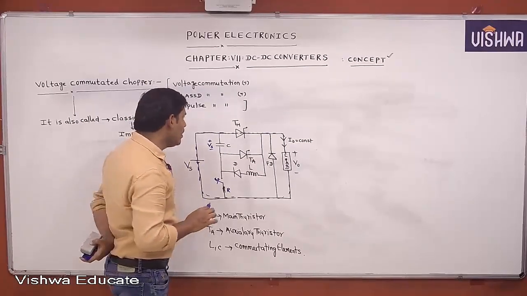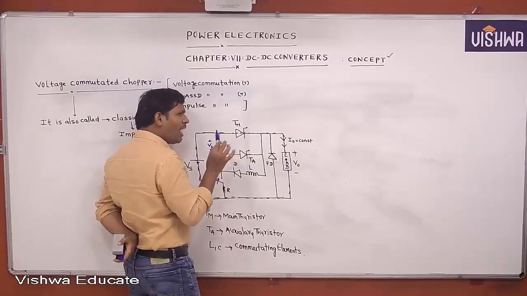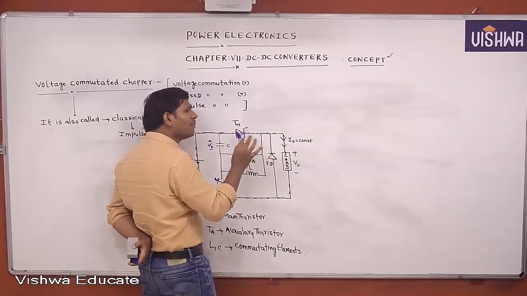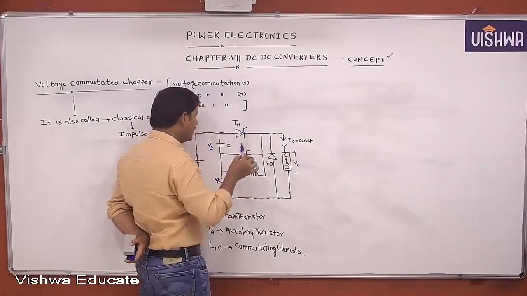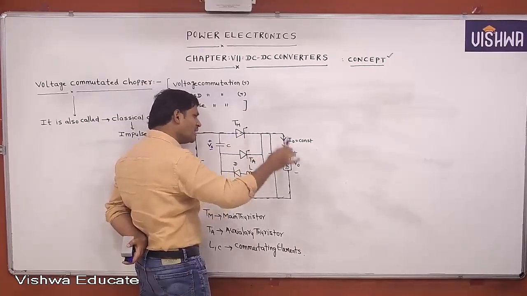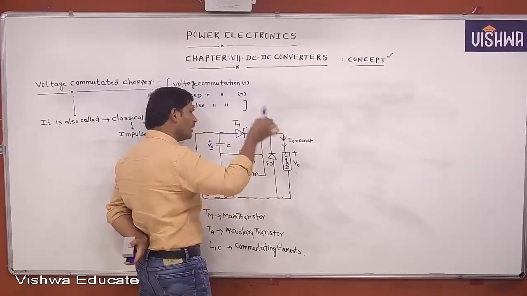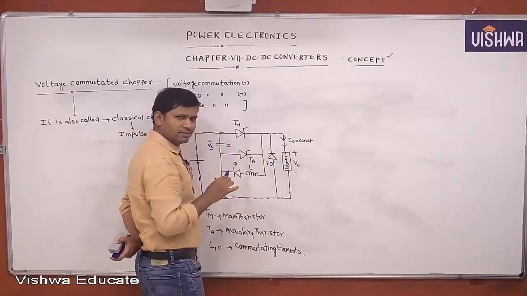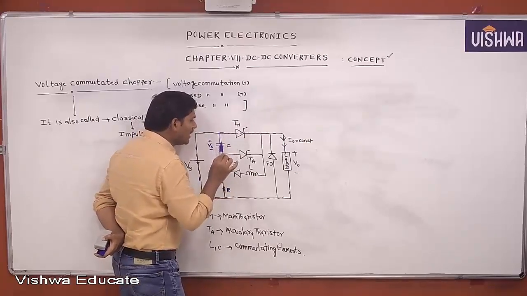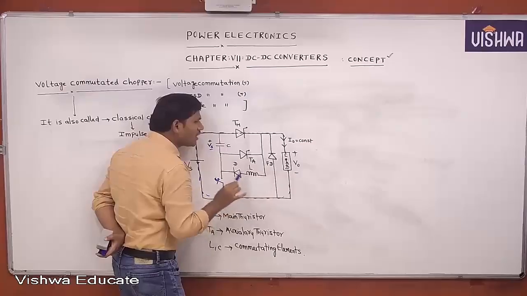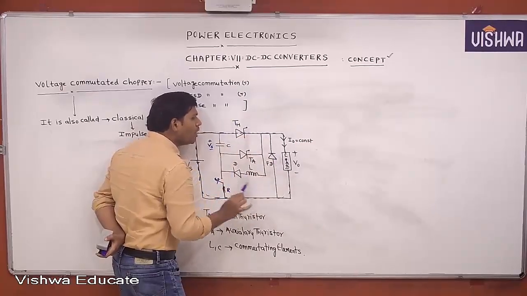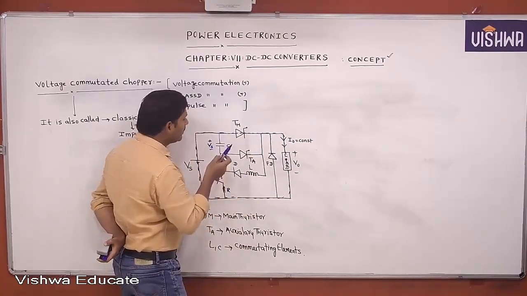Yes. First we can check whether a path is available for discharge of the capacitor or not. I trigger the main thyristor, it's supplying the power to the load. This process is continuing. Now at that instant, whenever the main thyristor is triggered, we want to check the condition whether the capacitor discharges or not.